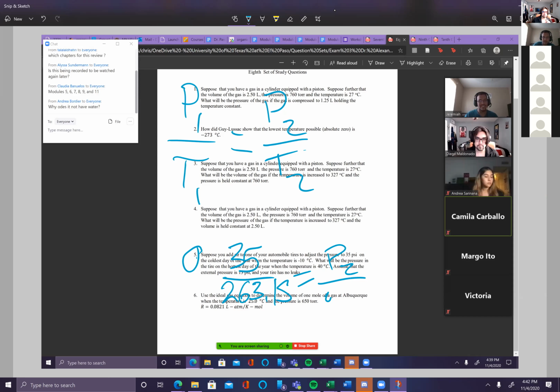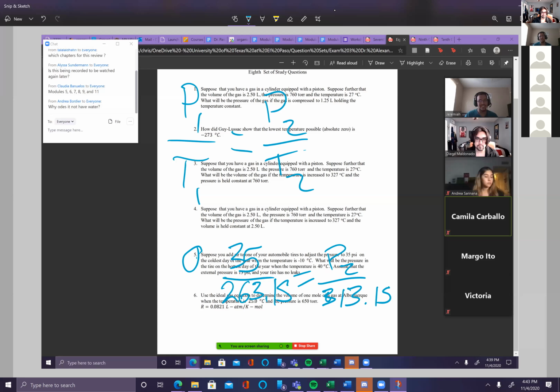So what would it be in Kelvin then? 313.15. Yeah, 313.15. So does our pressure need to be in PSI? It doesn't say that it has to be, but I think it's easier if we just leave it like that instead of having to remember another conversion. So as long as we put the unit, we're fine, right? We don't have to convert it to ATM.